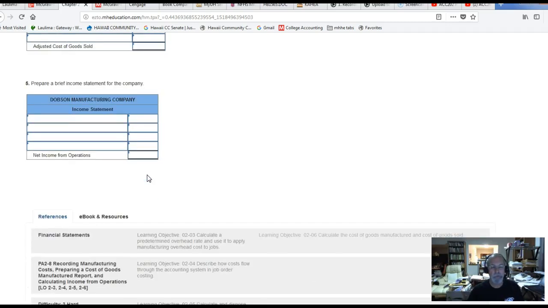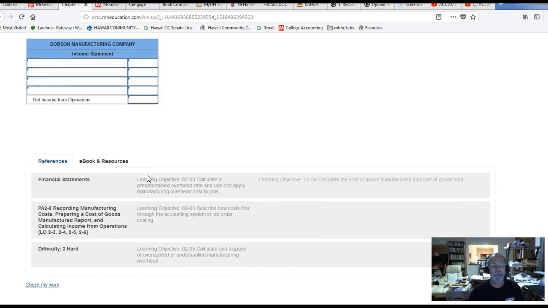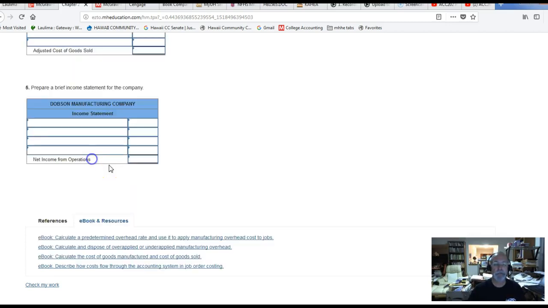Okay, and something I want to point out, if you check the reference material at the end of each problem in Connect, you'll notice a references tab and also an ebook and resources tab.